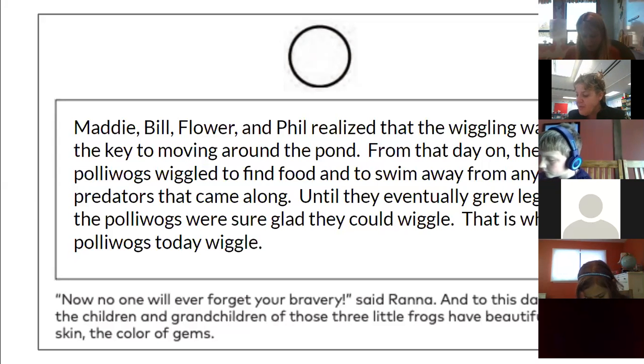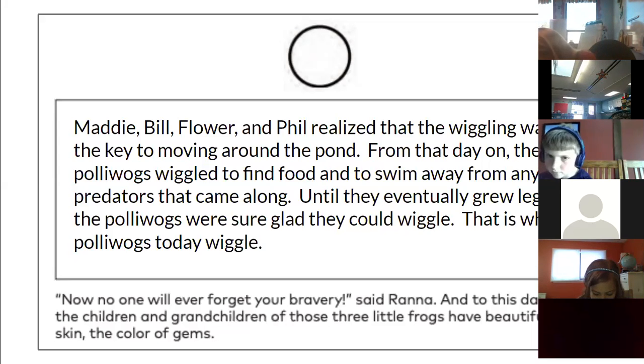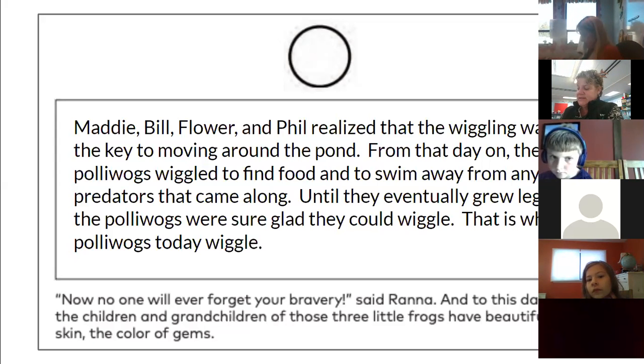All right, so on your page 14, you should be on page 14 in your workbook, and go ahead and copy down our last little section. And it's really important that you have these to refer to when you are writing your own story, because you can go back to these pages and go, I don't remember what I'm supposed to put in this section.